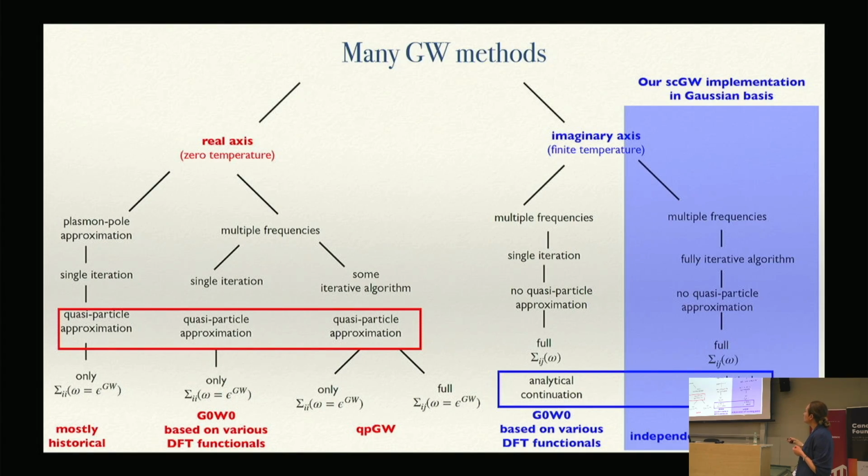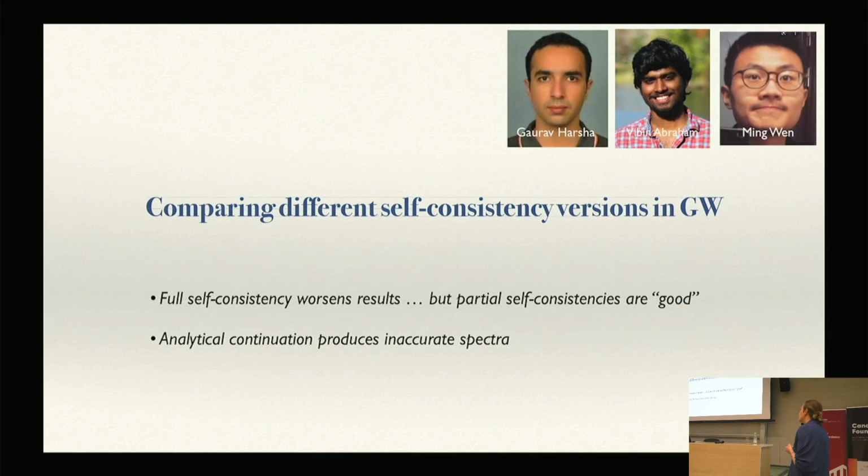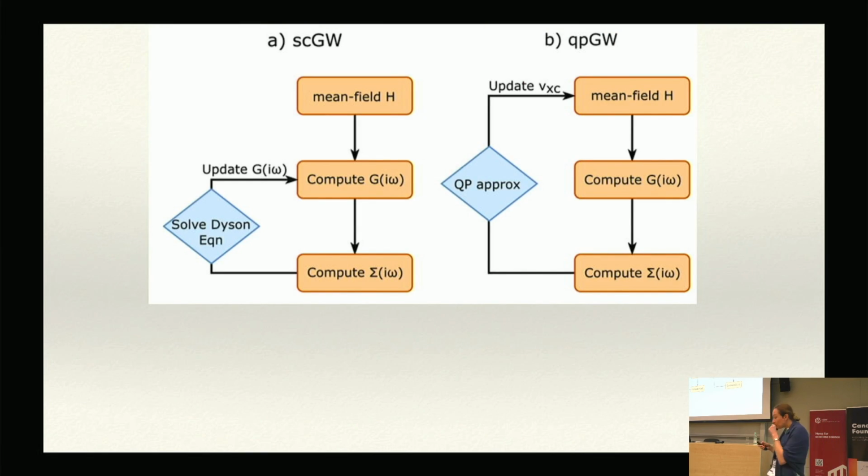So what we do is fully self-consistent GW implemented in Gaussian orbitals, that provides all elements and doesn't have any truncations. And the misconception is that partial self-consistency is good, and full self-consistency is not. There are many flavors. In full self-consistency, we compute Green's function, compute self-energy, and we solve until the iterations converge.